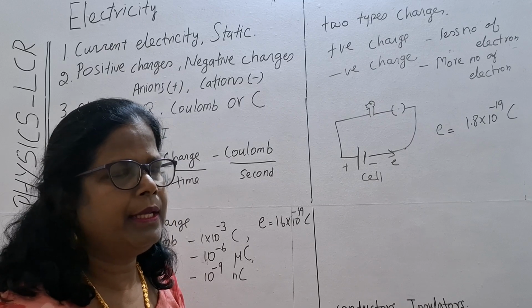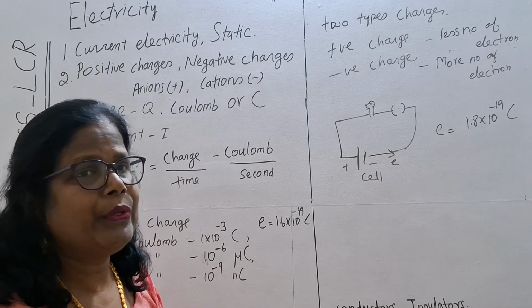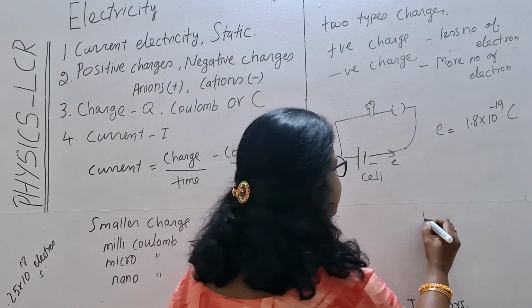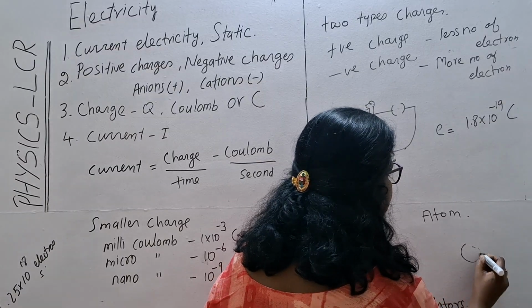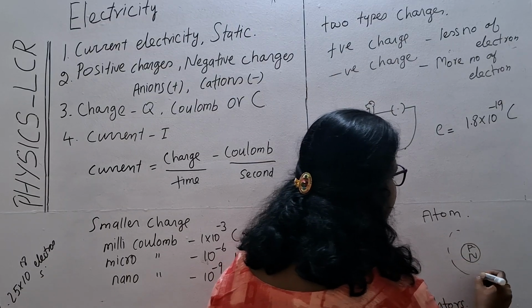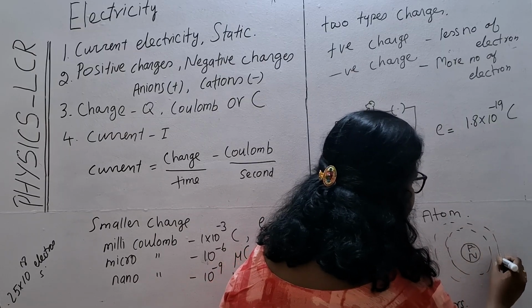You people know about the atom. At the center of the atom the nucleus is there. You know the atomic structure, no? Inside the nucleus there are protons and neutrons. The electrons move around the nucleus.